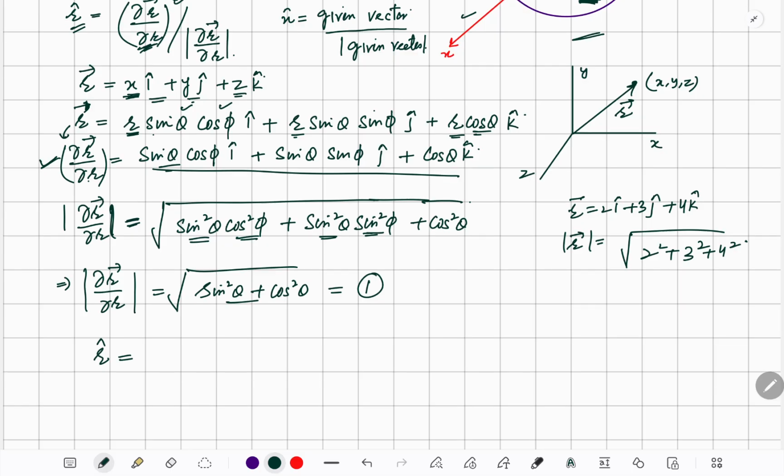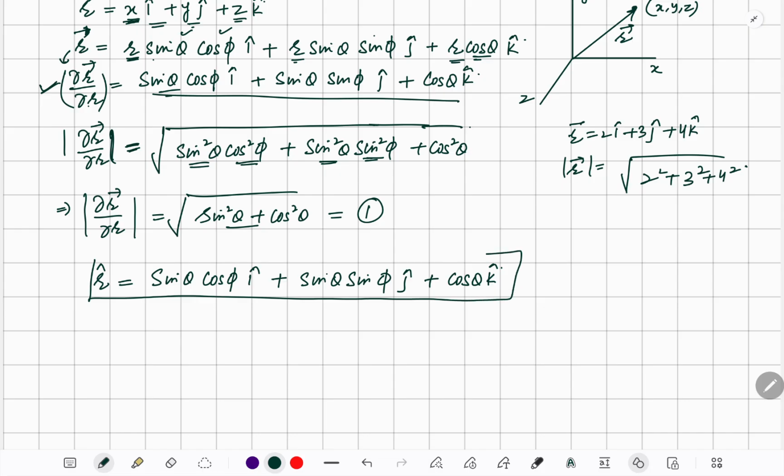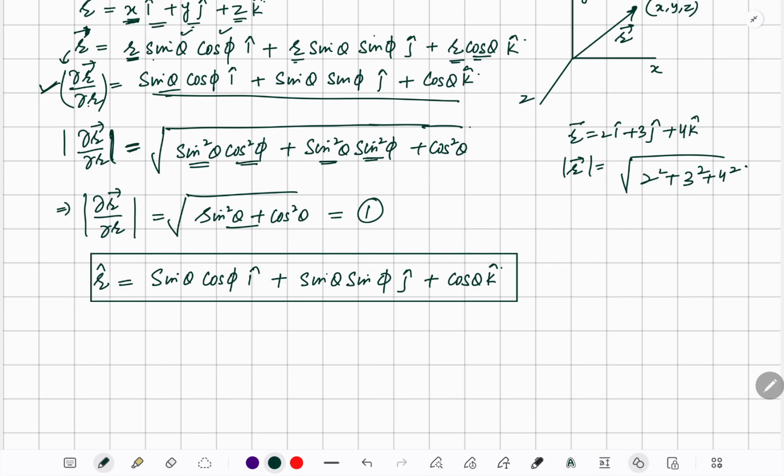So it's like directly this: sine theta cos phi i cap plus sine theta sine phi j cap plus cos theta k cap. So this is the unit vector r cap in spherical polar coordinate system in terms of Cartesian i cap, j cap, and k cap. Now this would be the first thing. This would be the alpha equation.